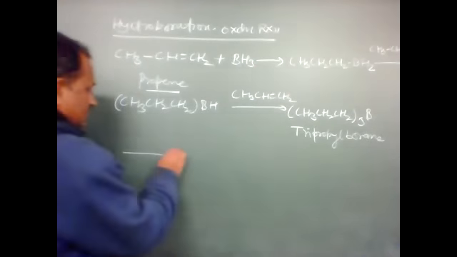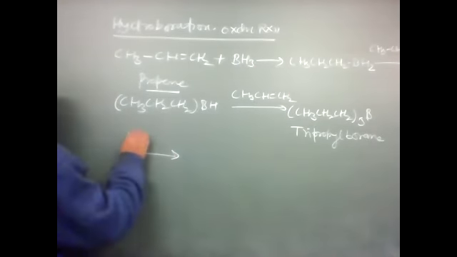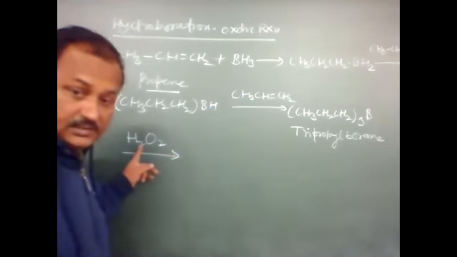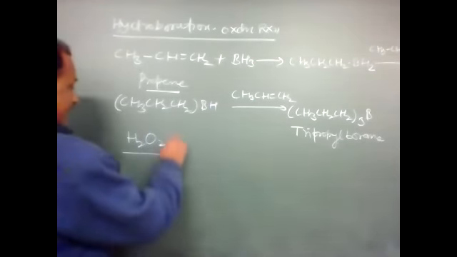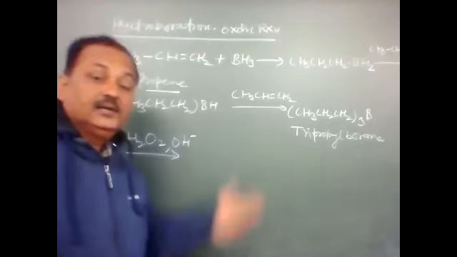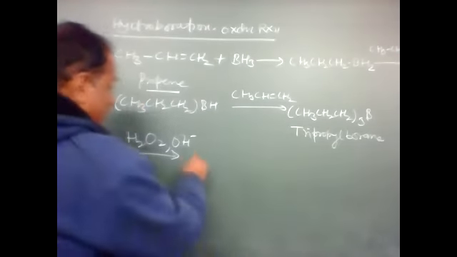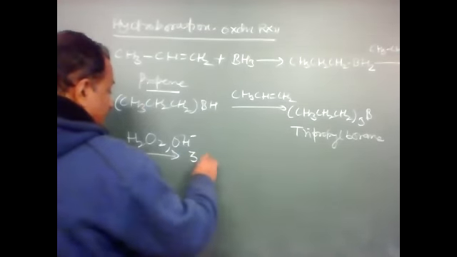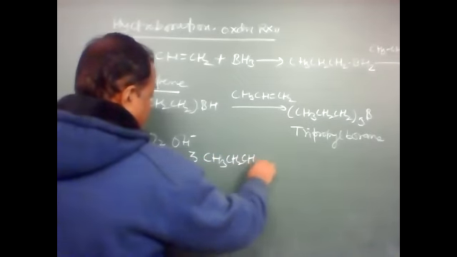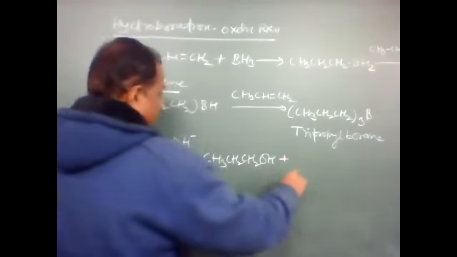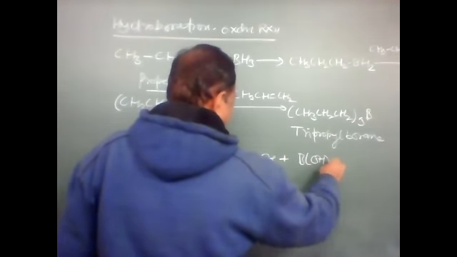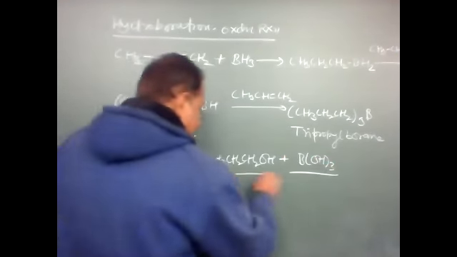So this treatment with hydrogen peroxide and base, it is oxidized, and we get 3 moles of CH3CH2CH2OH plus boric acid.